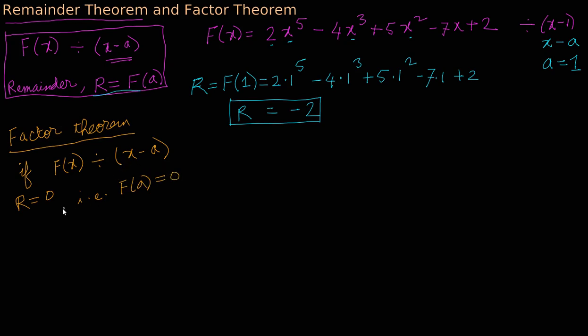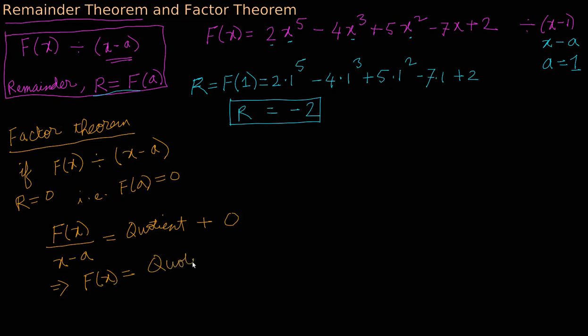So let me write it down in this manner. I have f(x), and I am dividing it by x minus a, so I'm going to get a quotient, and my remainder is 0. So what can I write? I can write f(x) equals quotient multiplied by x minus a.